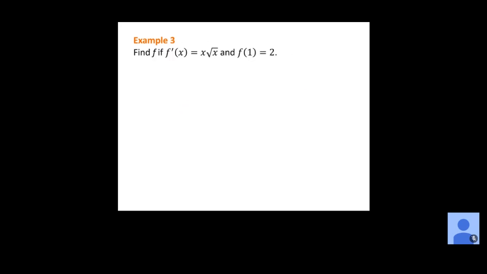All right, so again, we're looking for the antiderivative if our derivative is x times square root of x, and in this case, they give us a point, f of 1 equals 2. Now, what's the first thing you think we should do in this case to help us find our antiderivative?